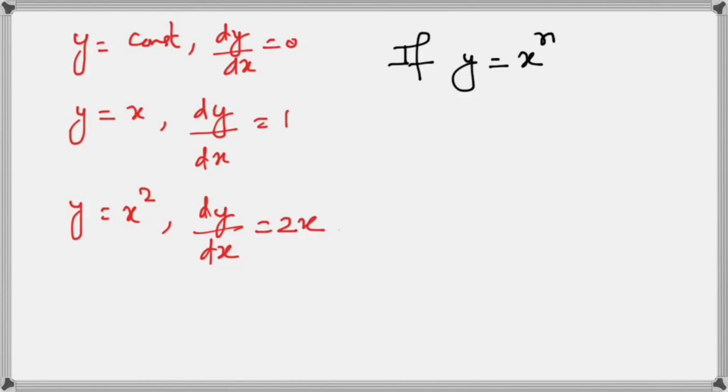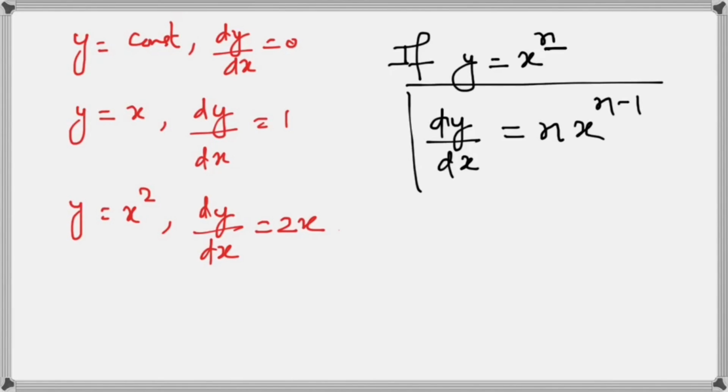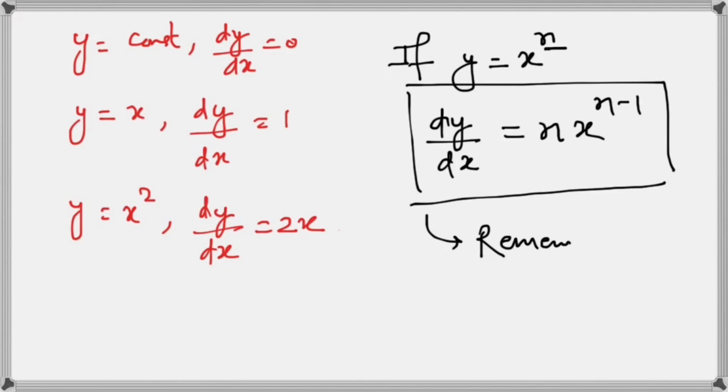If y equal to x to the power n, dy by dx is given as: take the power first, multiply by the power, and then reduce the power by 1. Therefore, dy by dx is equal to n x to the power n minus 1. You must remember this formula if you want to calculate derivatives fast.